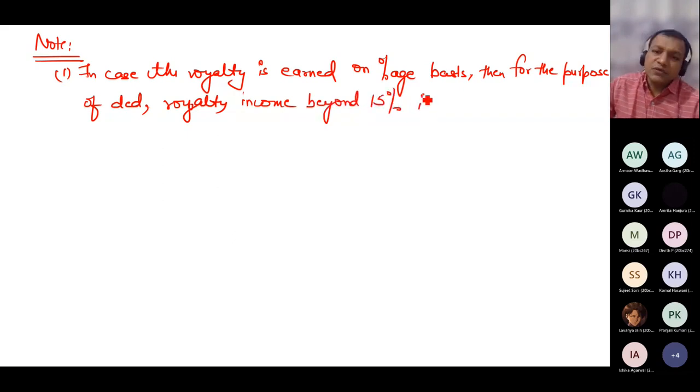Beyond 15% is ignored. I will explain this point through an example. What do I mean by this?